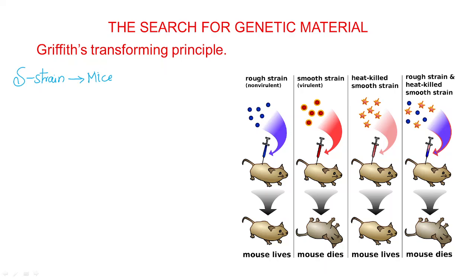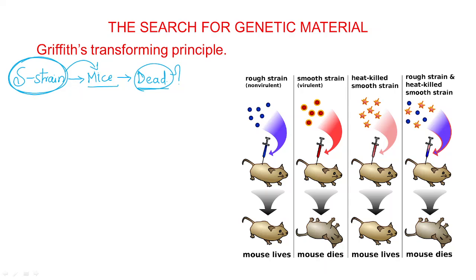When he injected S strain bacteria into the mice, the mice were found to be dead. Why did it happen? Because the S strain bacteria caused a disease inside the mice.